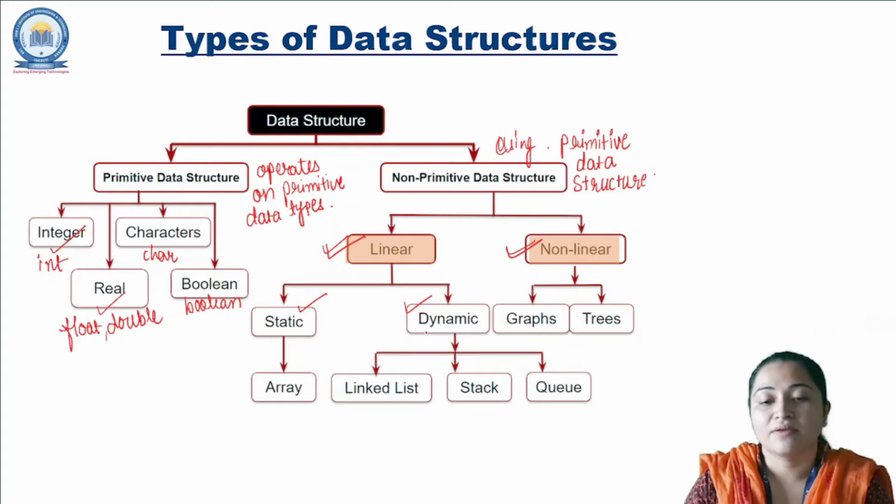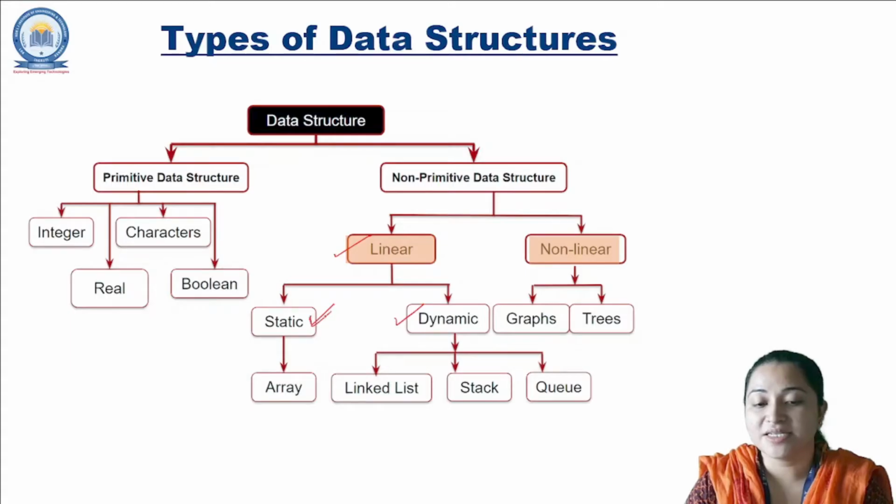Whenever we want to store elements in sequential manner, we will use linear data structure. Non-linear data structure does not follow sequential storage of data. In static data structure, memory is allocated at compile time, means we have to fix the size of arrays before we can run the program.